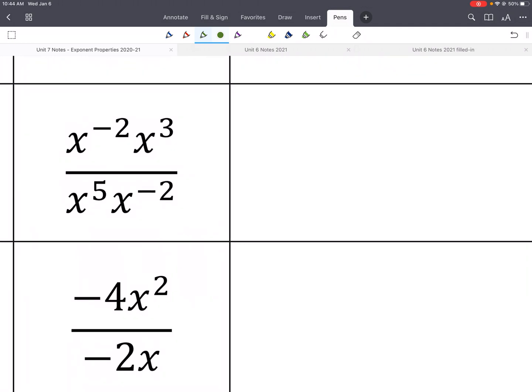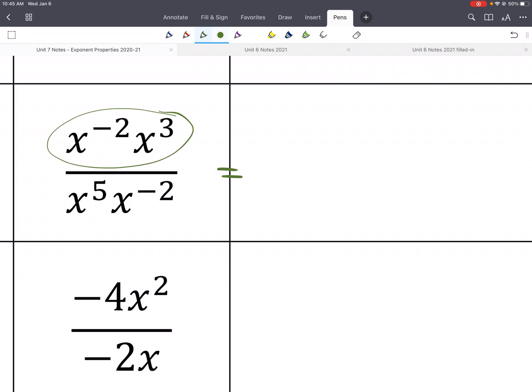All right, so here we've got, another thing we can kind of see is that we have an x to the negative 2 and an x to the negative 2. Those could cancel. But if not, then you could expand. But if we have these negatives, we need to move those so that they change their signs. Again, there's lots of different ways to do this. Since these are being multiplied, we could add those exponents.